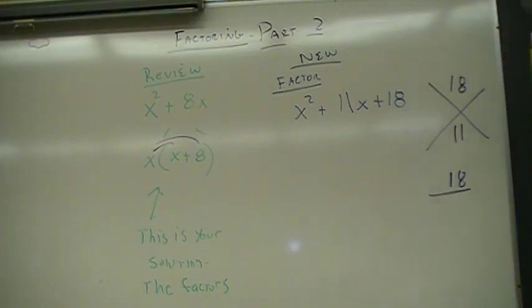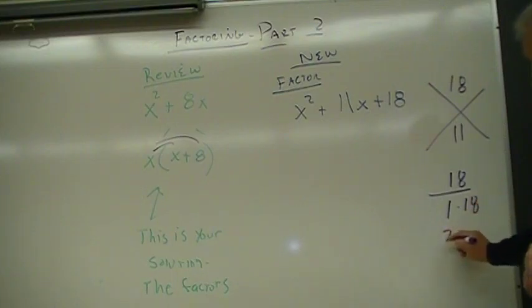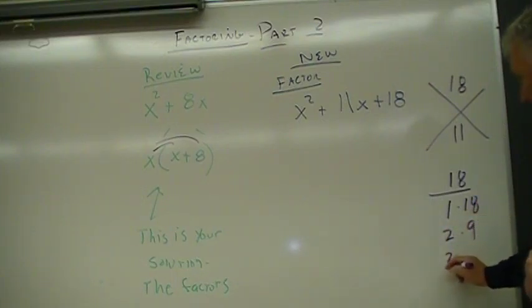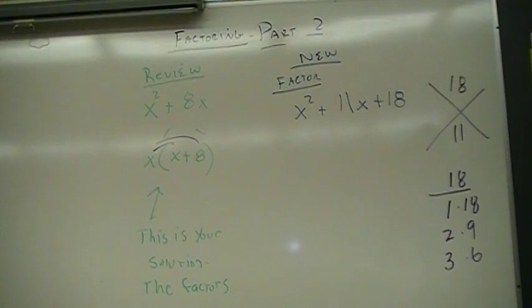So what I'm doing right here is something that you can do on your paper if you need to. Those are the factor pairs of 18. 1 times 18, 2 times 9, 3 times 6. So what two of those add up to be 11, it will be that one.